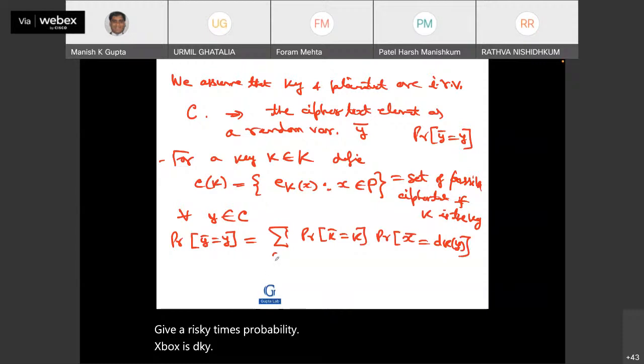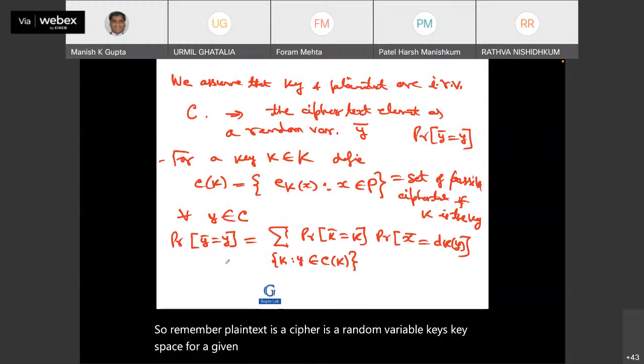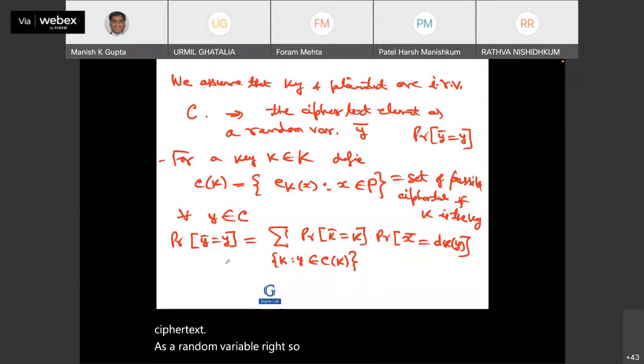And of course, this is over k such that y belongs to C(k). Okay. So remember, plain text is a random variable. Key space for a given k is a random variable, and then we have the ciphertext as a random variable, right? So we can compute the probability.